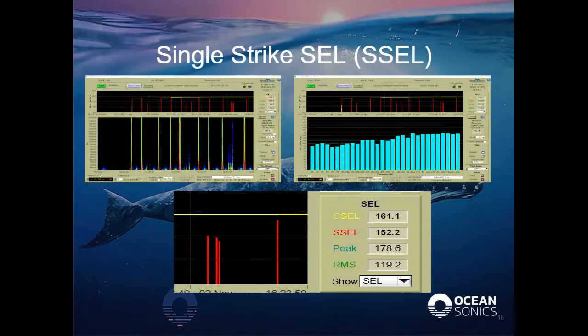And it will actually show you the measurement of each single strike exposure level. In this example, it has a sound exposure level of 152.2 for that last impulse. And you can see it in the top left of the screen.